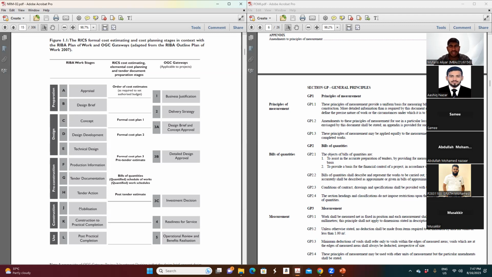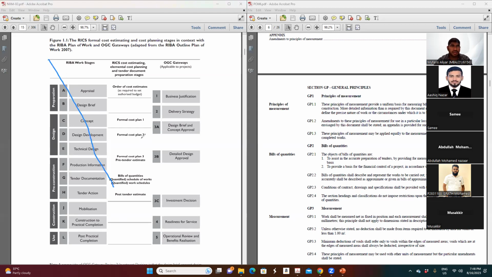The RIBA Plan of Work changes often. I used to see the 2013 version during my preparation for RICS, the start of my journey, and during my MSc as well. Now I see 2015, 16, 20, 21, 22. Every year they change the version, but there are not many changes; they are just slightly modifying here and there. What is important here?